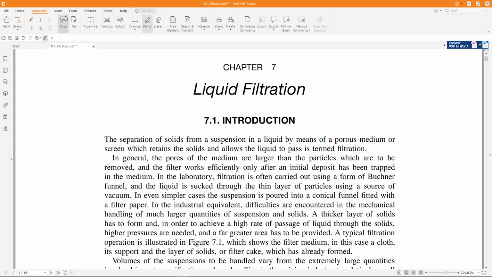Okay, if you want to read the definition of filtration: the separation of solids from suspension in a liquid by means of a porous medium or screen which retains the solids and allows the liquid to pass is termed filtration. So what do you mean by suspension? If you have a liquid and we have particles suspended, this is nothing but a suspension. Okay.